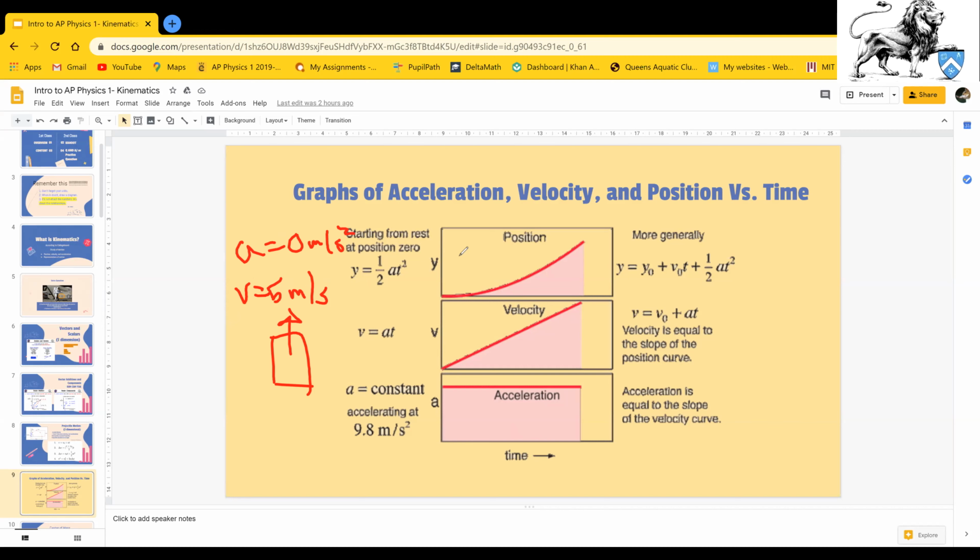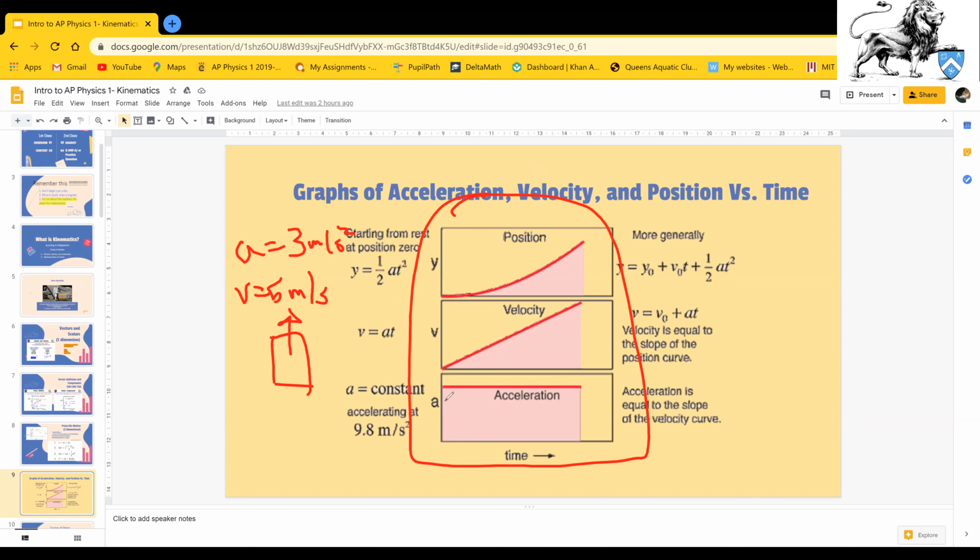So this would be a graph that would represent this object's motion. Wait, actually, I'm sorry. Let me change this really quick. So you would actually have acceleration, but that acceleration is constant.